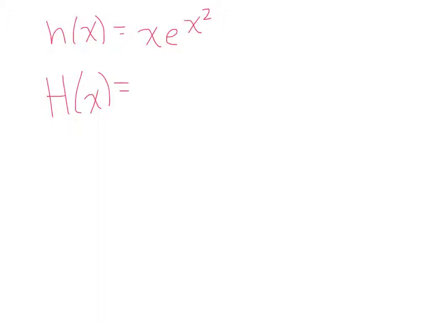Hopefully you recognize that the derivative of an exponential function always comes from the original function itself. If we were going to take the derivative of just e to the x squared, the derivative would be e to the x squared, so we would definitely have this piece. But then we would have times the derivative of the exponent, which would be 2x. So out front here you should have a 2x if we were just taking the derivative of this.